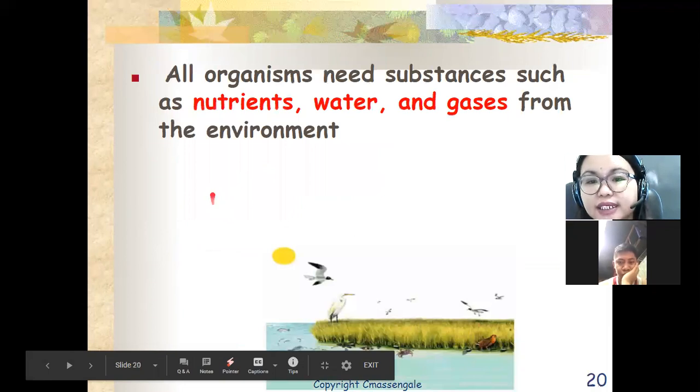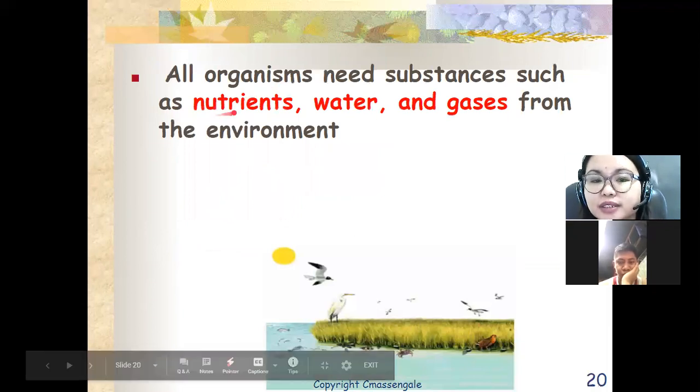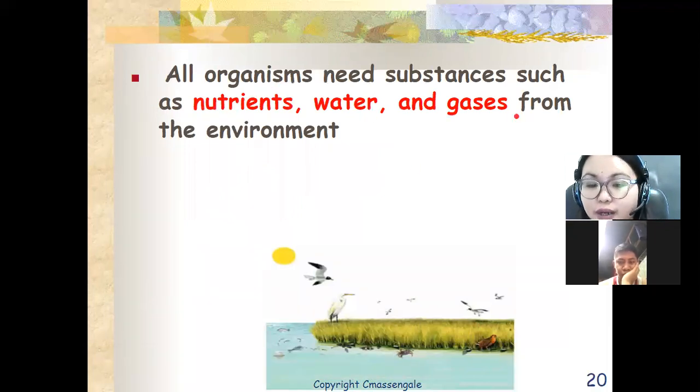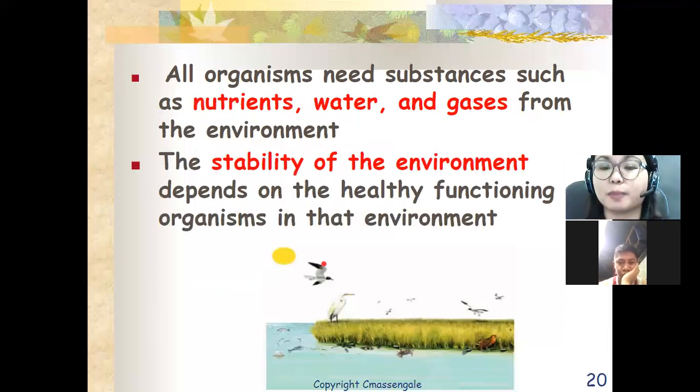All organisms need substances such as nutrients, water, and gases from the environment. Like for the process of photosynthesis, that's how plants make food. They bear fruit and they flower because of photosynthesis, and they need carbon dioxide, which is excreted by animals.